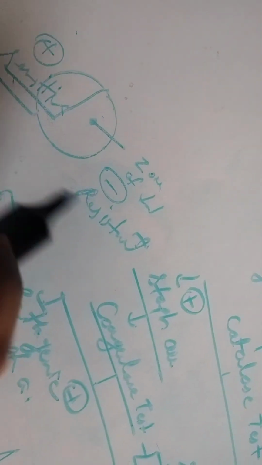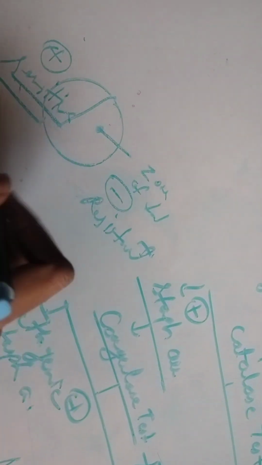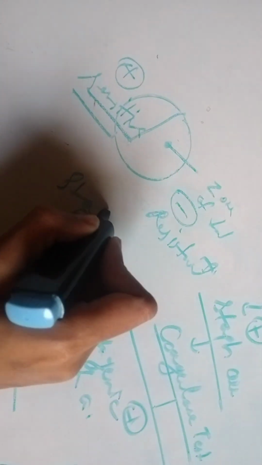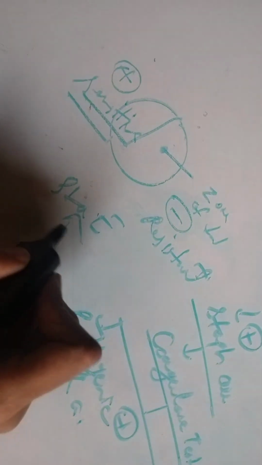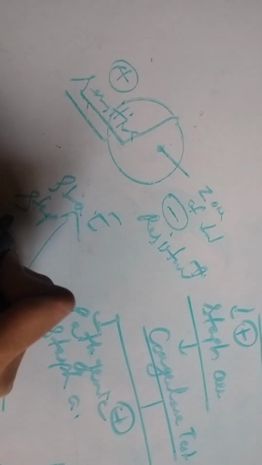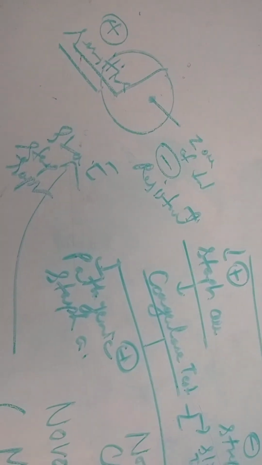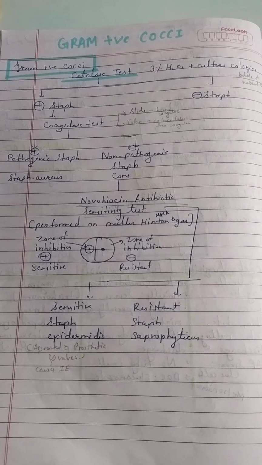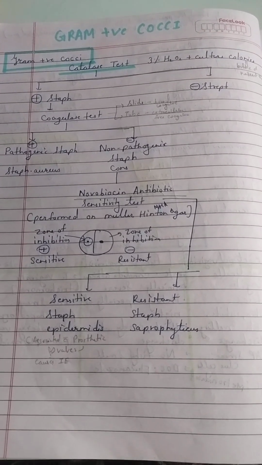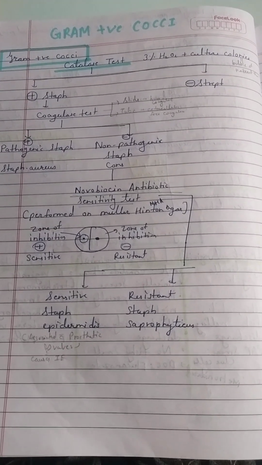Sensitive is Staphylococcus epidermidis, and resistant is Staphylococcus saprophyticus. I am going to show this in my notes also. Screenshot this for better understanding and for scoring purposes.